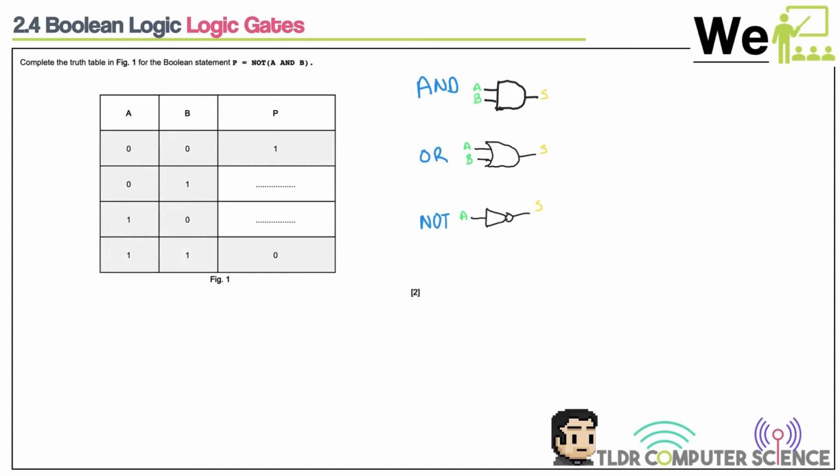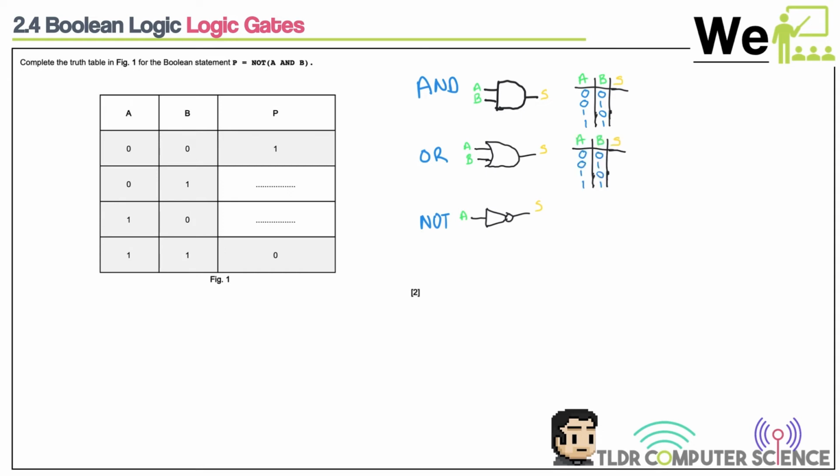And then we can do a truth table for all of them. So for the first one, we would do inputs of A, B, S as the output. And we do all the combinations. So what we've got is A and B are off. A is off and B is on. A is on and B is off. And finally, they're both on, which are all the combinations we can have here.